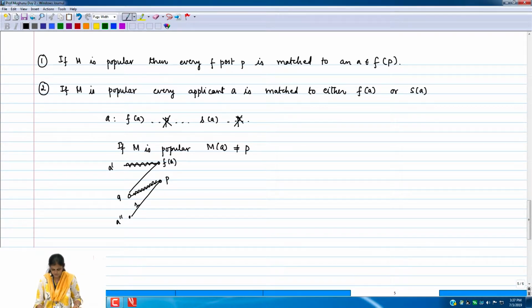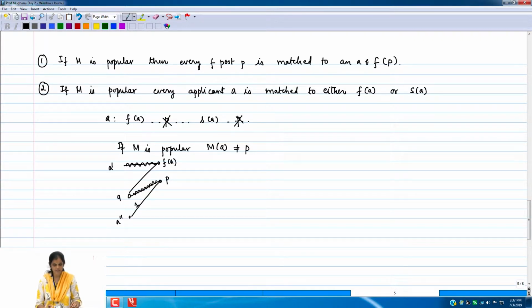And it is not difficult to see, because if somebody is matched to a post which is lower than its S of A, you promote it to its S of A. If its S of A is free, fine. If its S of A is not free, then there is somebody who is matched to its S of A. That person cannot rank it as its first post, therefore it has its own first post, promote that person, and you get 2 promotions at the cost of 1 demotion.